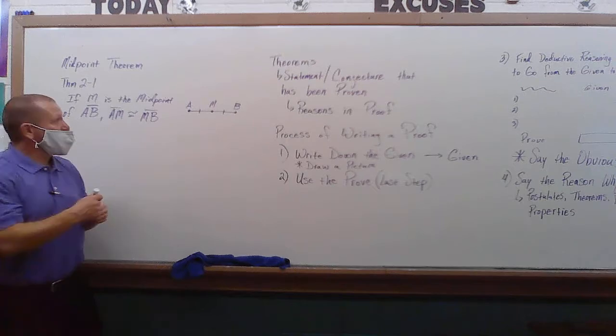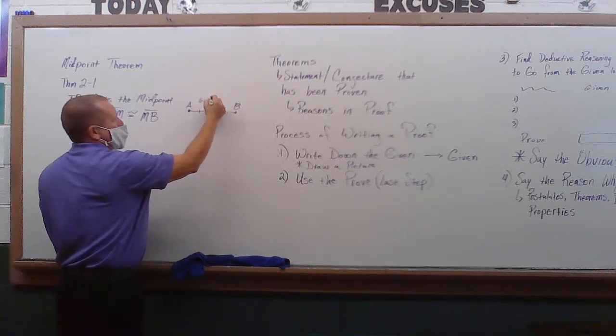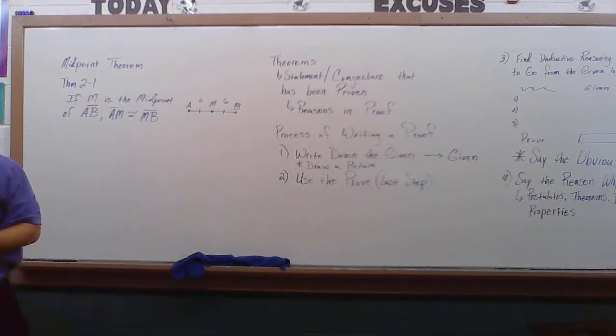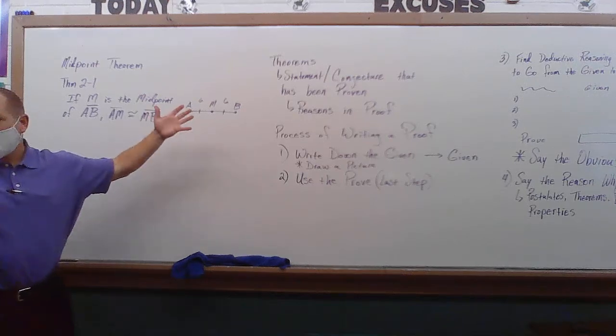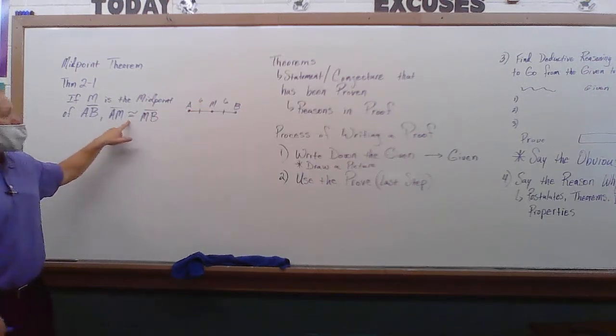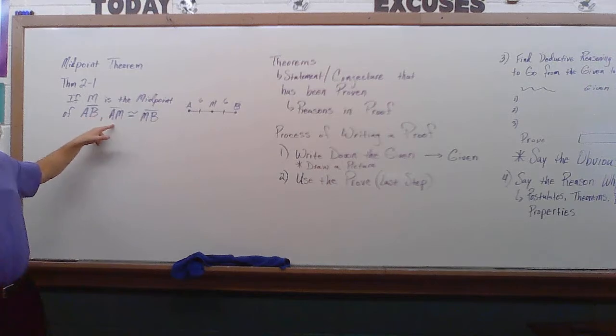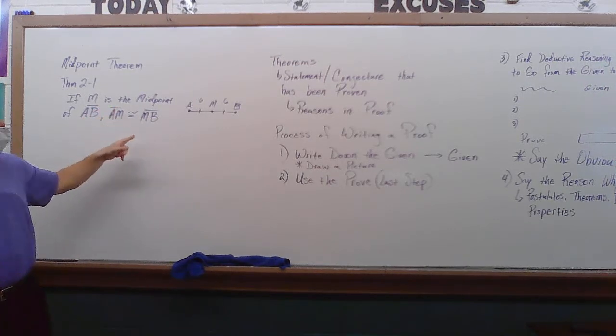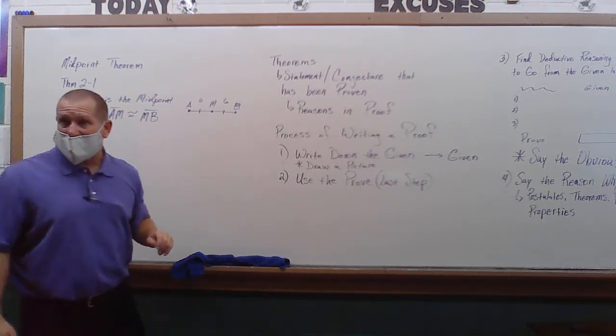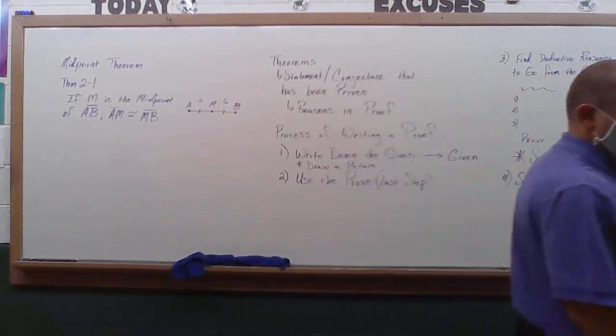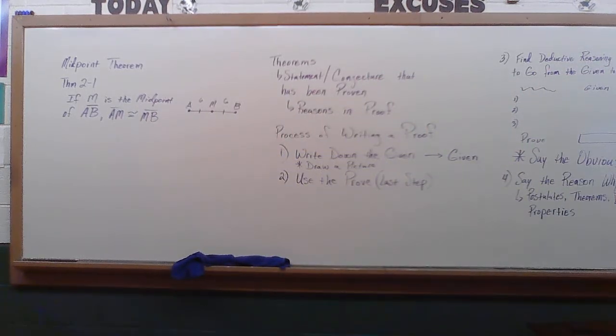If they use numbers. So if they said 6 here and 6 here, which we know that's true, right? Or we don't know what the numbers are, but 6 and 6, then we can put this as equals. And then we would put AM without the slash over top is equal to MB without the slash. Okay? So that's my midpoint theorem.